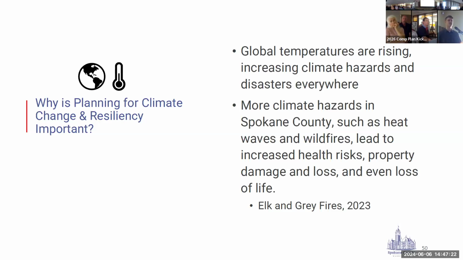We saw that last summer when we had wildfires here in the county, the Elk and the Gray fires. They cause a lot of damage, and they can hurt planning efforts in communities through property damage and loss. They can also lead to increased health risk for Spokane County residents and even to loss of life.